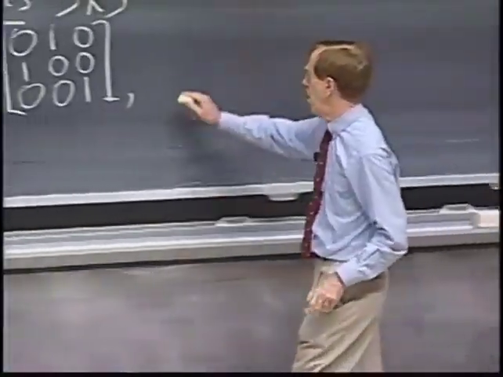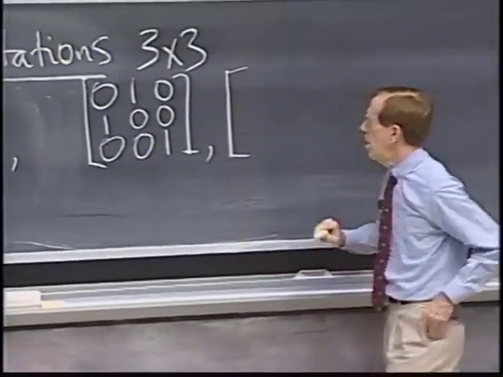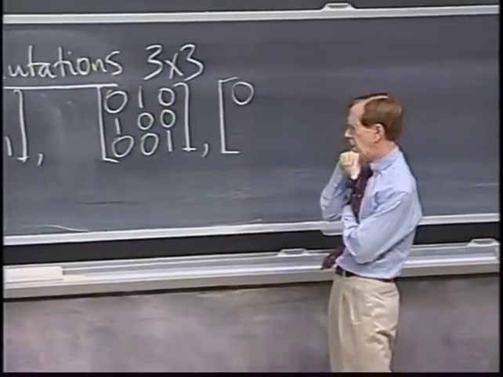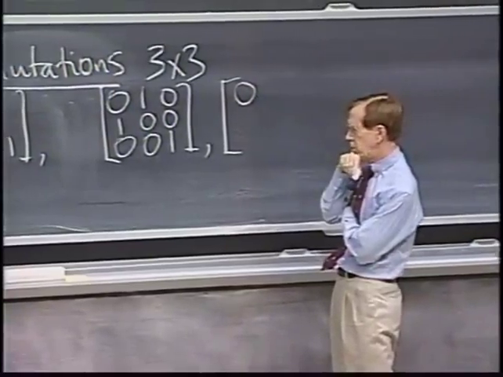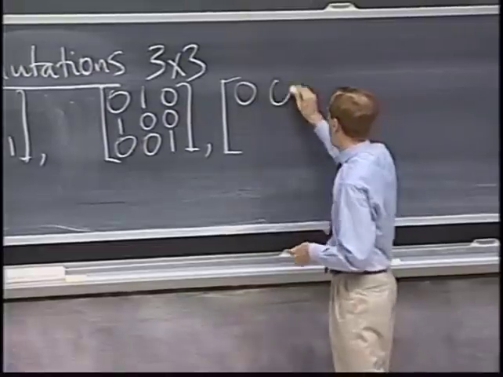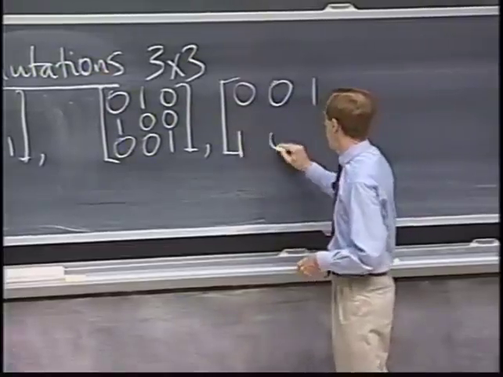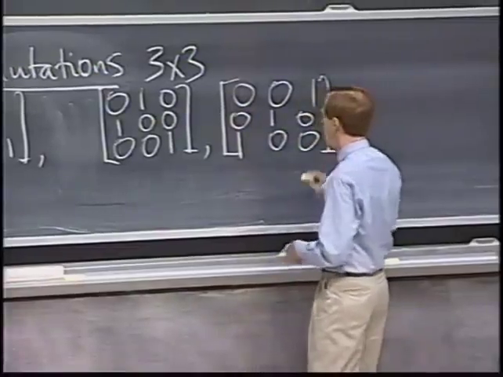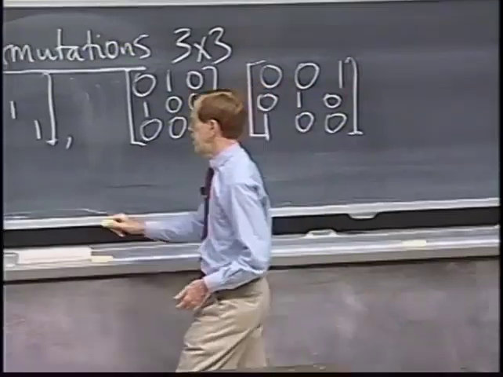So tell me some more. Switch rows 1 and 3, okay, leaving 2 alone. Okay, now what else?